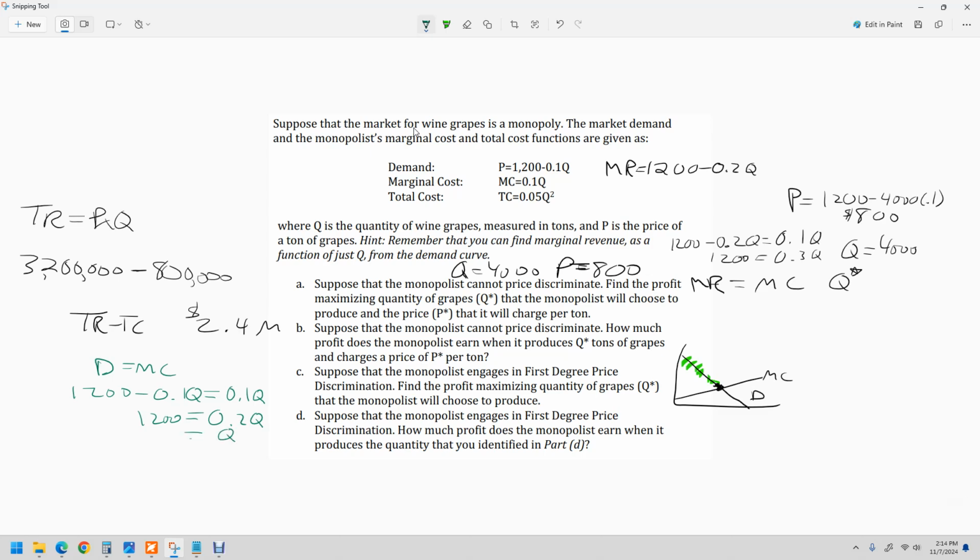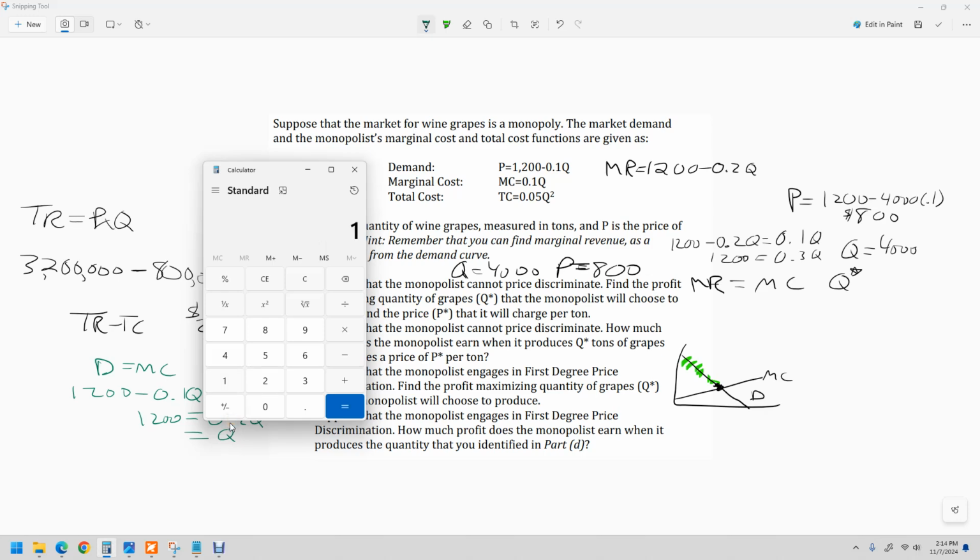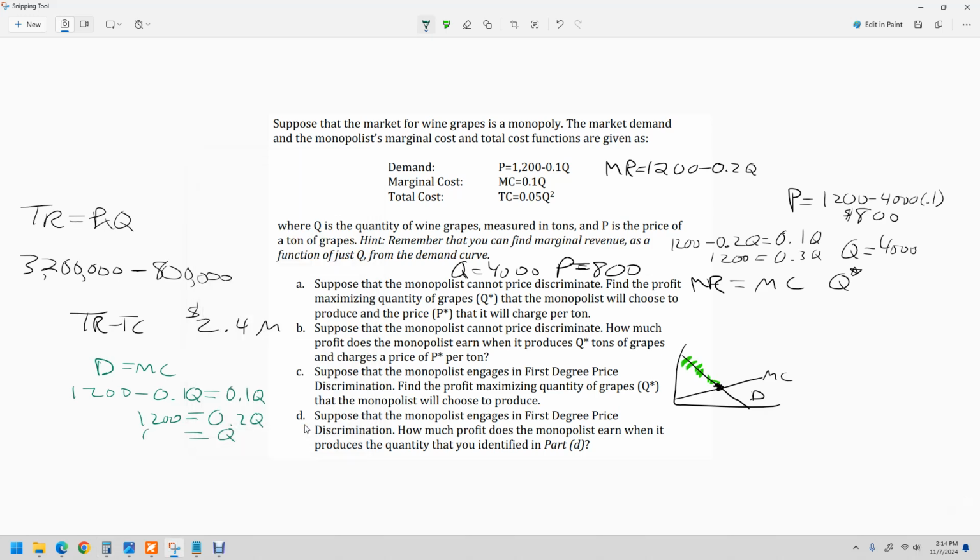And then Q is 12,000 over 0.2, 6,000. So 6,000 units.